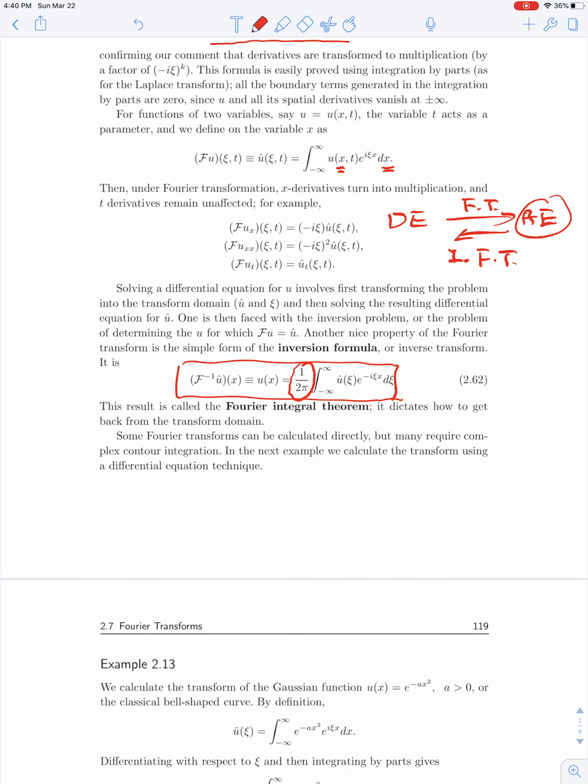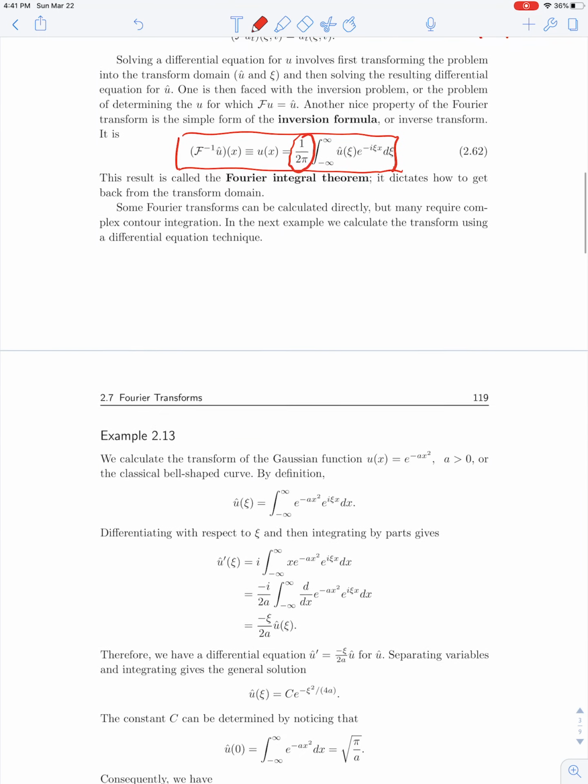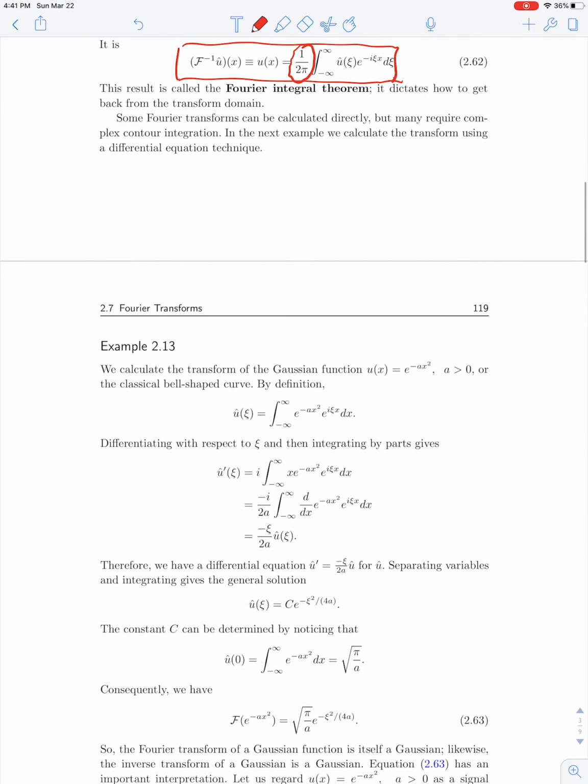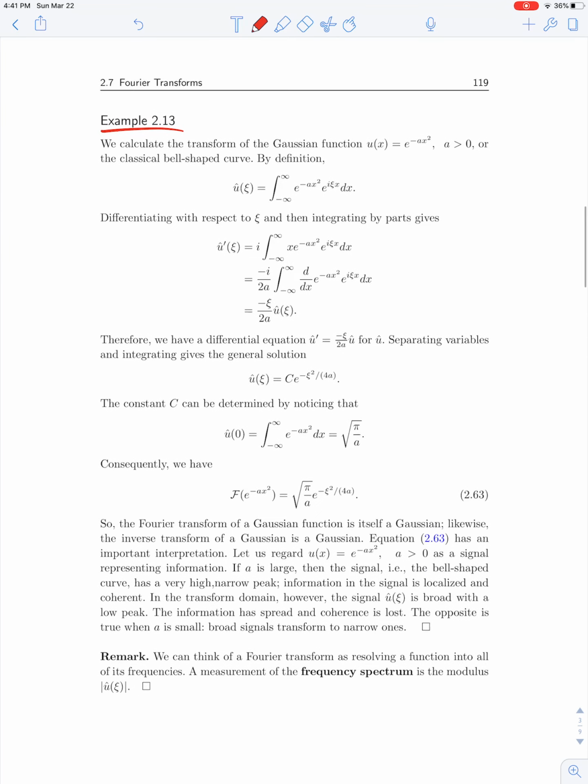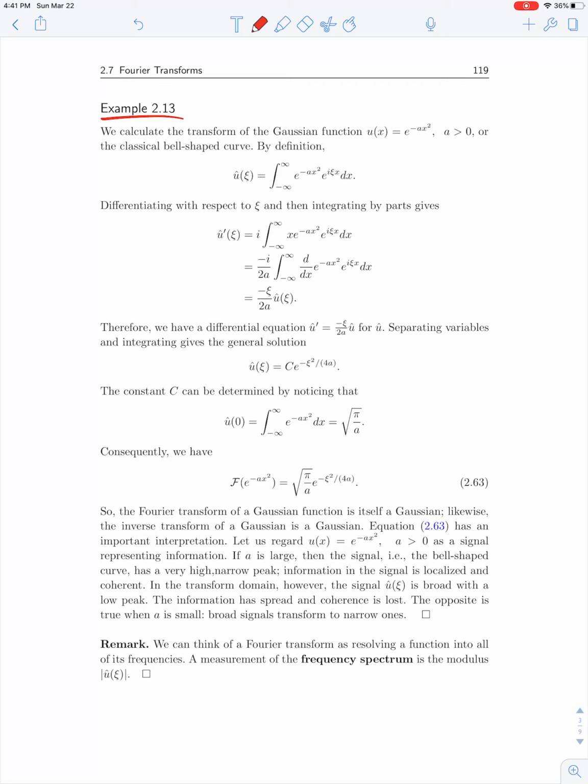All right. Now, let's look at these examples. I want you to read over them carefully, and then we will talk about this during class time. Look at example 2.13.